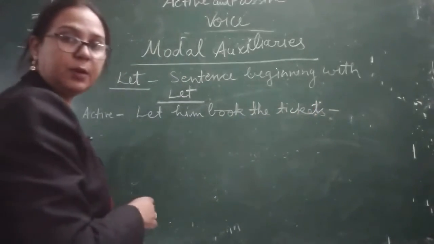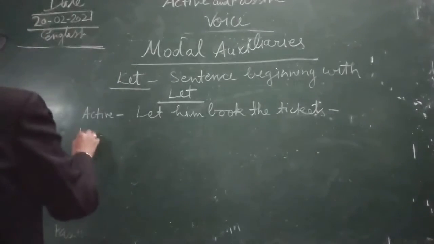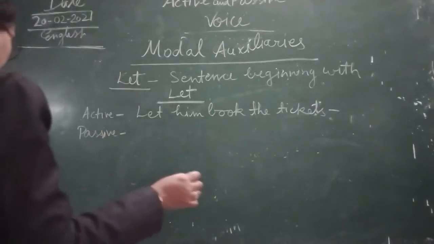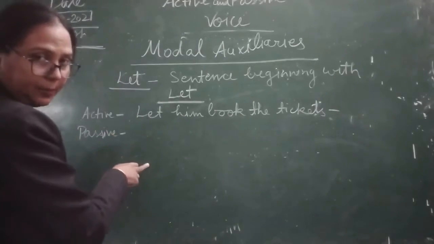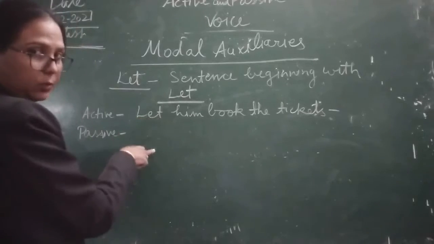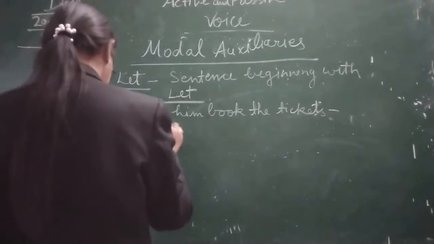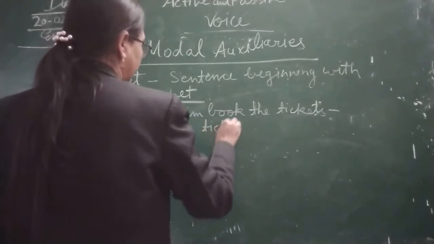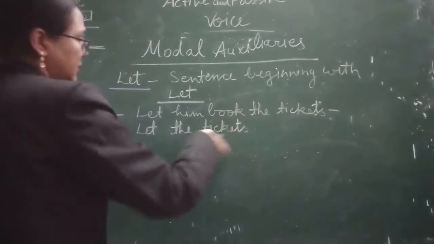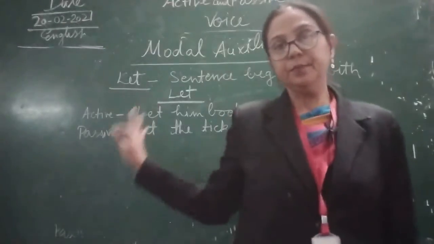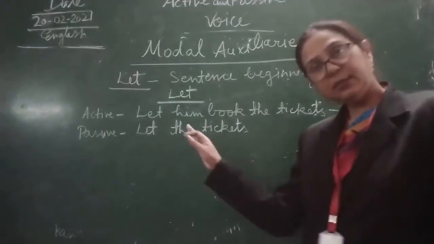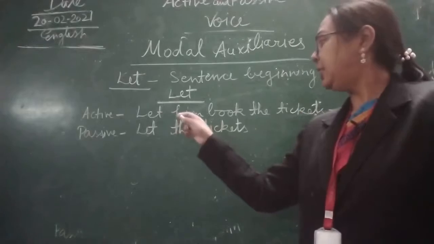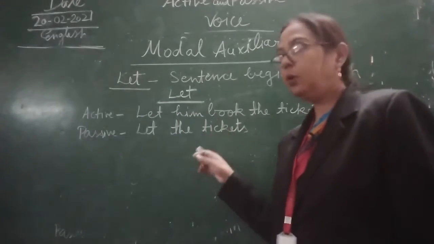So how will we convert it to passive voice? Here, let will remain the same. We are going to retain the same let over here, because we retain let in the passive voice also. Similarly, as the sentence begins with let in active voice, we follow the same in passive voice.